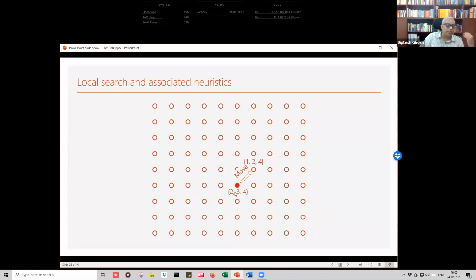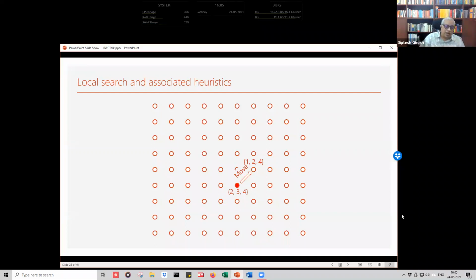So for instance, if this solution was the solution where I would put 2, 3, and 4 in the knapsack, and this is a solution where I put elements 1, 2, and 4 in the knapsack, I can define my move as one in which I pick out some element which is not in my knapsack, pick out some element which was in my knapsack, and interchange them.